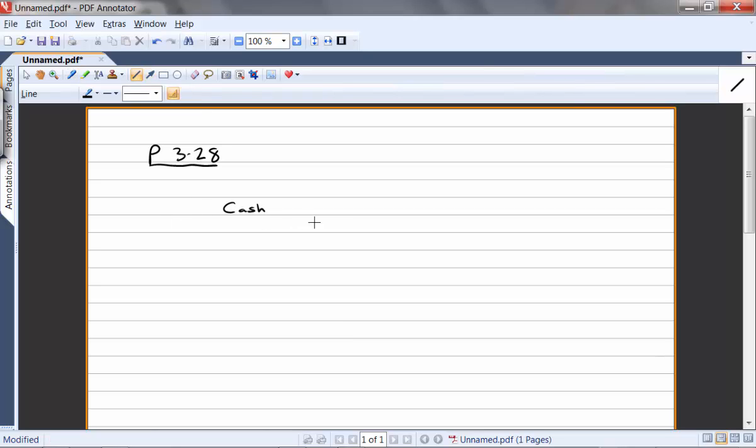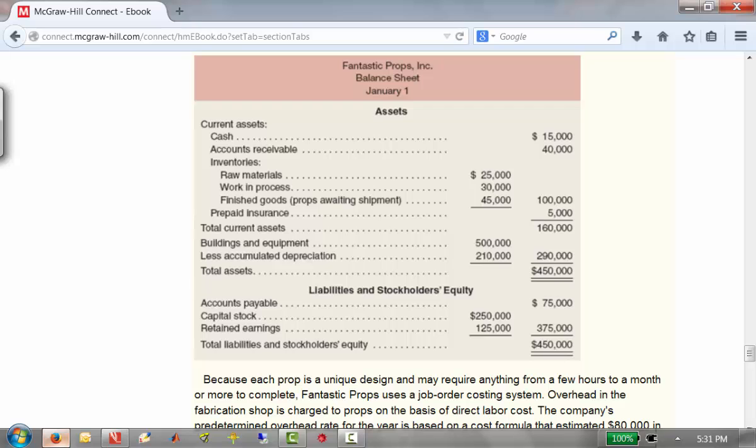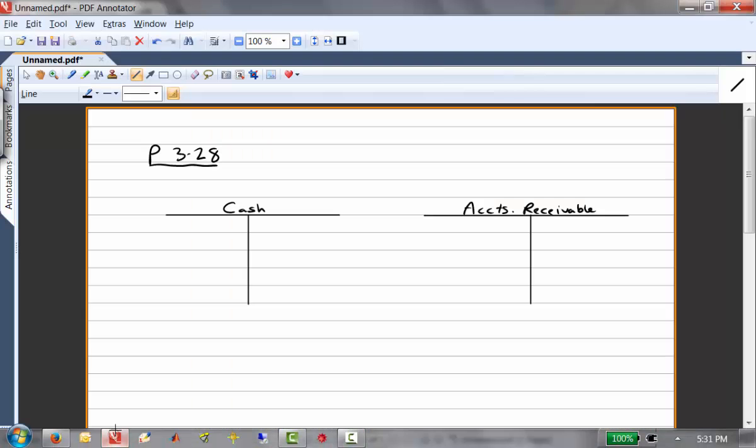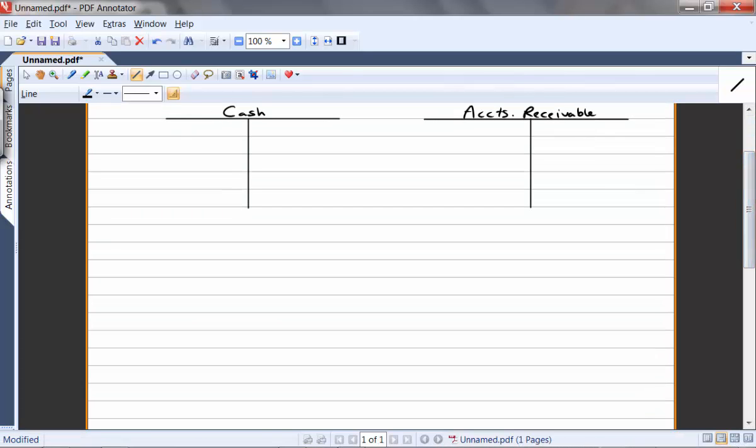And we can just do this for each account. Cash, accounts receivable. See what else? Inventories. We have our raw materials, work in process, and finished goods. So we'll need a T account for each of those. I'm just going to abbreviate.